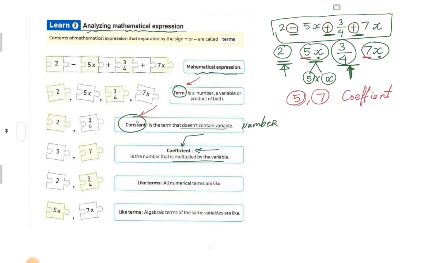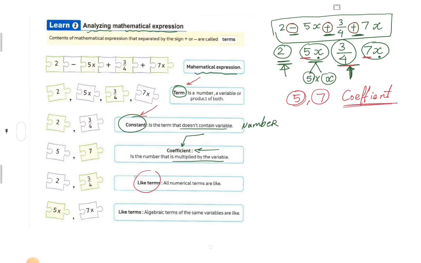The constant is any number without a variable, like 2 and 3 over 4. The coefficient is the number multiplied by a variable. Where is the number multiplied by a variable? Like 5 and like 7. Just 5 and just 7 are called coefficients.